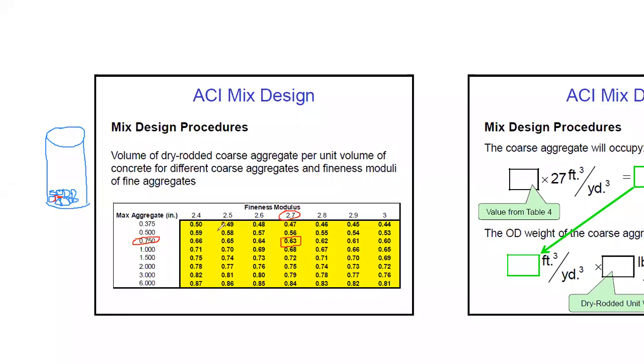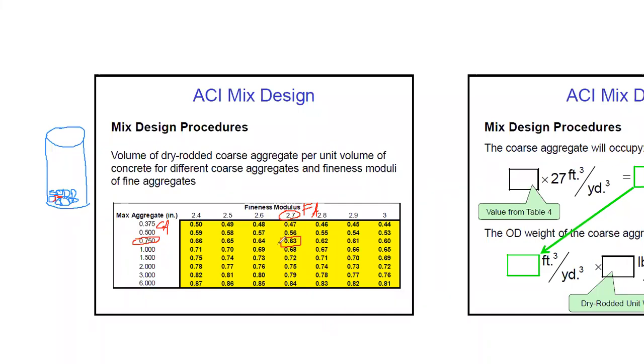Number 1 is the fineness modulus of fine aggregate. You must remember that this is for fine aggregate, this fineness modulus, okay? This is for fine aggregate. The maximum aggregate size, this is for coarse aggregate. Okay? This is for coarse aggregate, this is for fine aggregate, and what you would get out of it?